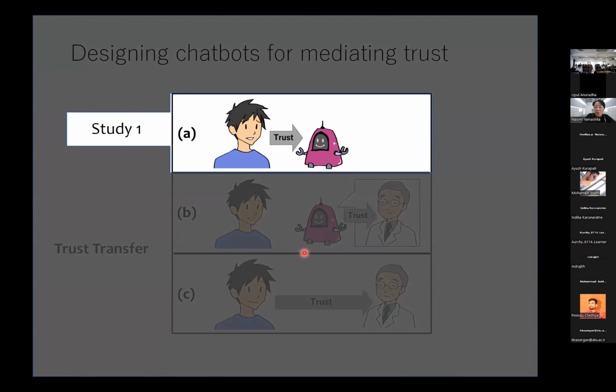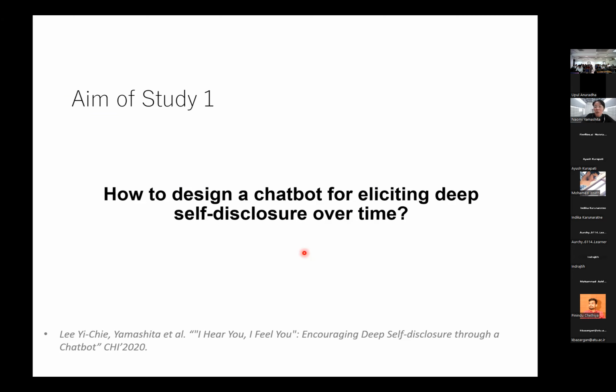So we ran 2 studies, and the first one, the goal is to explore an effective chatbot design for eliciting deep self-disclosure.